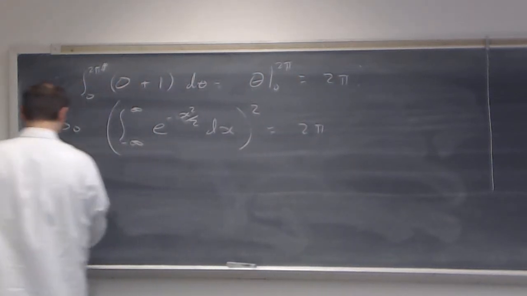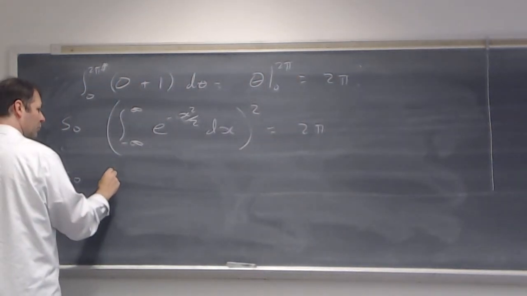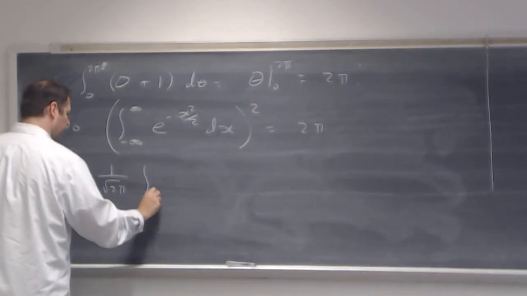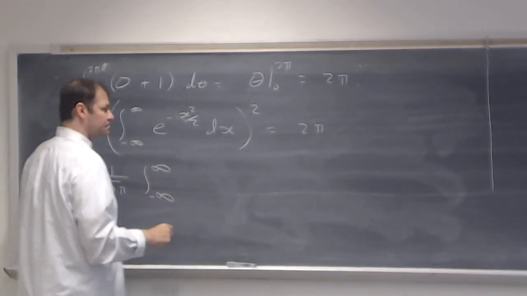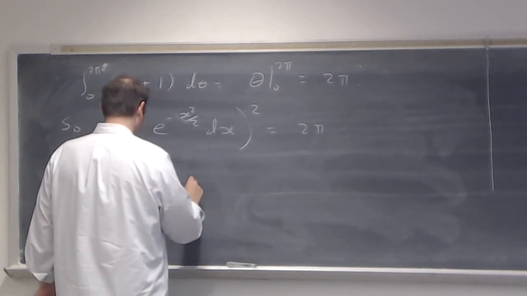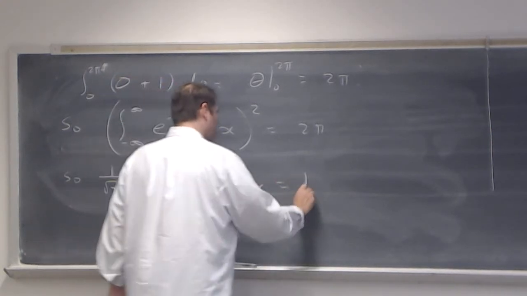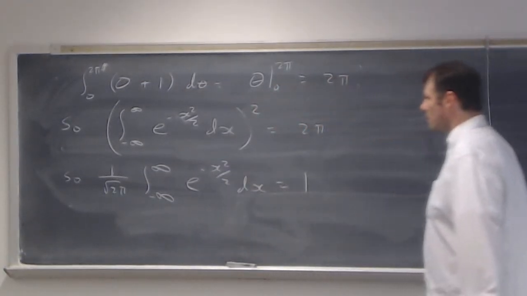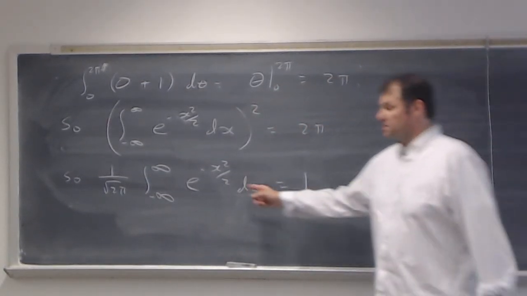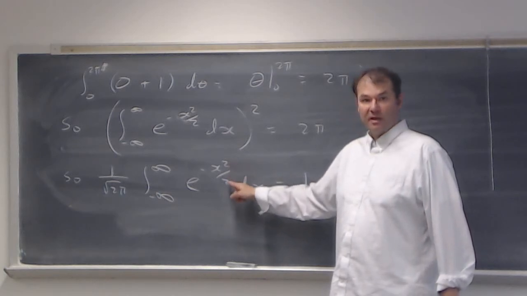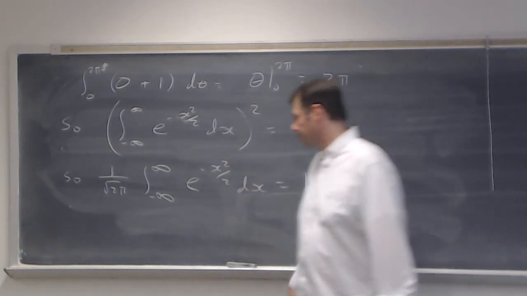So here's what we have. We have 1 over the square root of 2 pi times the integral from minus infinity to infinity of e to the minus x squared over 2 dx. That's equal to 1. Okay? So that is a good result, because that's what we get when mu is equal to 0 and sigma is equal to 1.